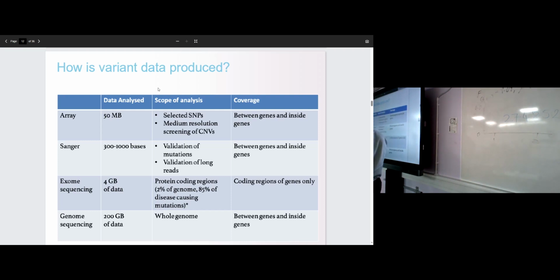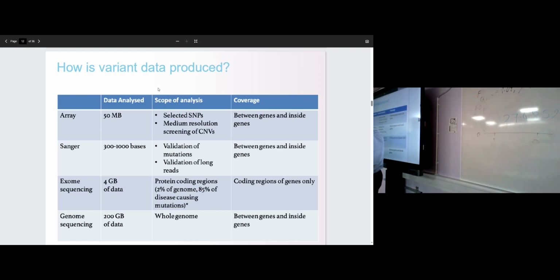You have to know in advance where those SNPs are located, and then it allows us to do genotyping. Have you heard of that word, genotyping? So arrays are okay for genotyping.